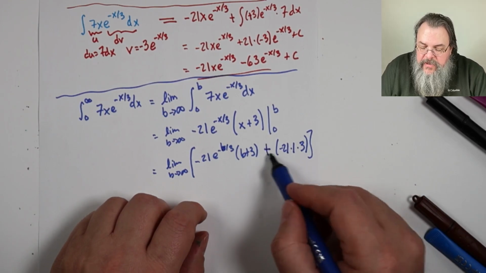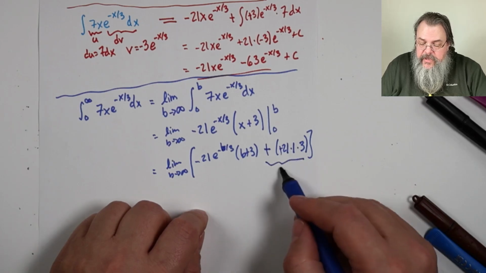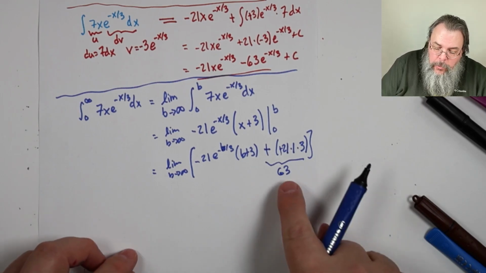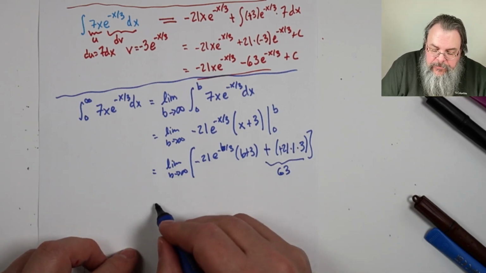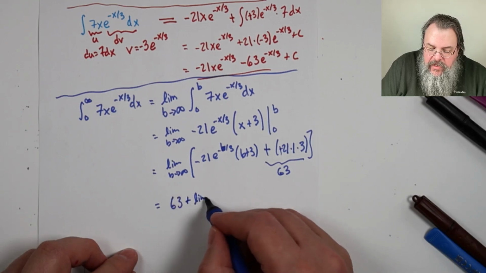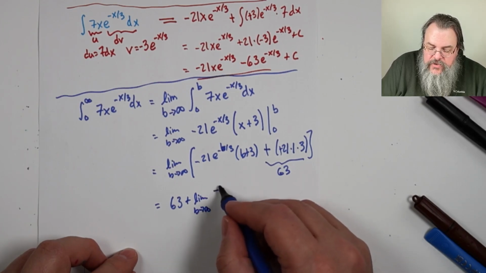And, okay, minus minus makes a plus. And so this is 63. So this part at the end, that's not going to change. So we're just going to put it down front. So we really have 63 plus the limit as b goes to infinity and minus 21.